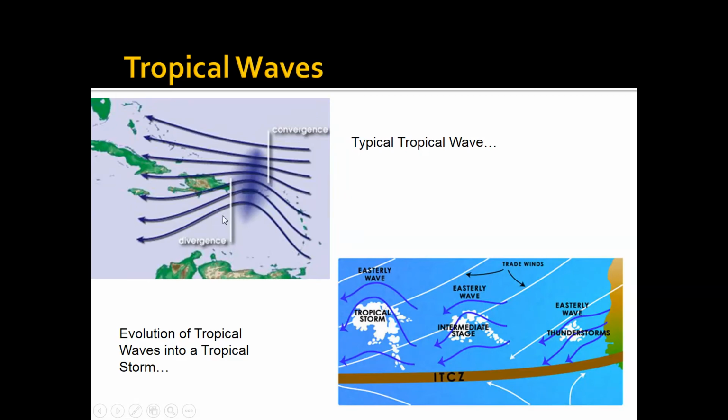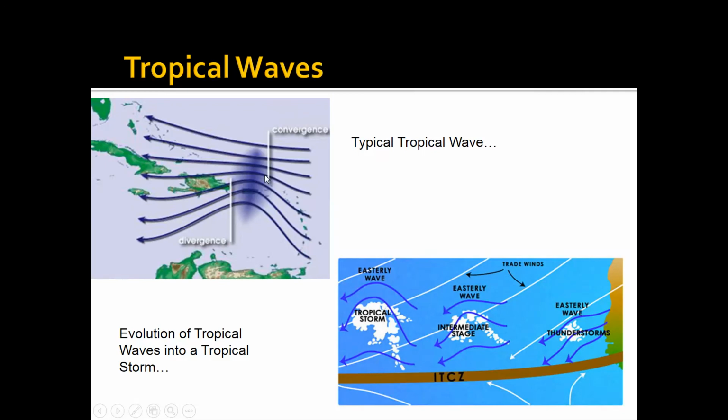In front of this tropical wave, these streamlines are moving away from each other. That's called divergence. Divergence promotes sinking air, and so you don't get any real stormy weather here. On the other hand, here on the eastern end, the right end of this what we call a trough or a tropical wave, streamlines are converging.